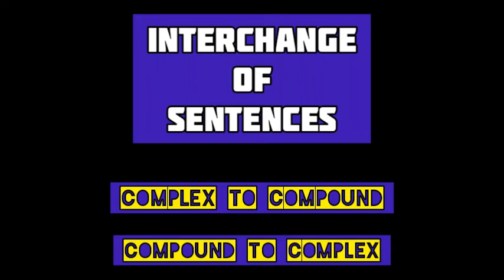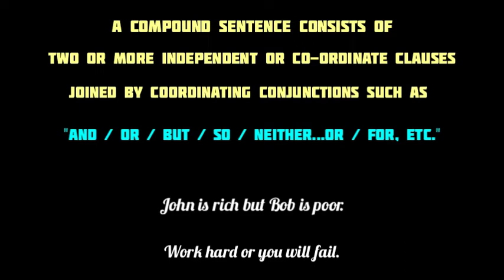Today's topic is interchange of complex and compound sentences. As you know, a compound sentence consists of two or more independent or coordinate clauses joined by coordinating conjunctions like and, or, but, so, either or, neither nor, not only but also, for, yet, etc. For example, John is rich but Bob is poor.